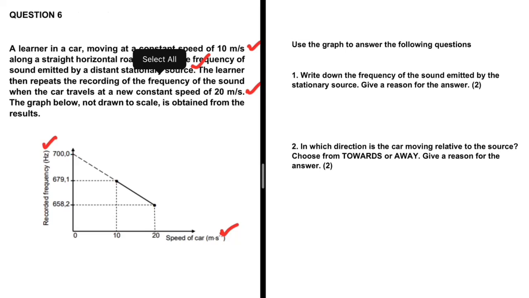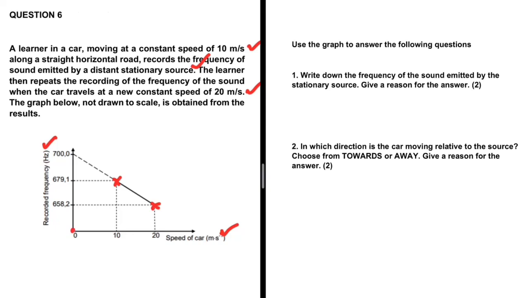And then when the speed of the car is 10 meters per second, the recorded frequency is 679.1 hertz. And then when the speed of the car is 20 meters per second, the recorded frequency is 658.2. Right. So let's make sense of this frequency when the speed of the car is 0 meters per second.